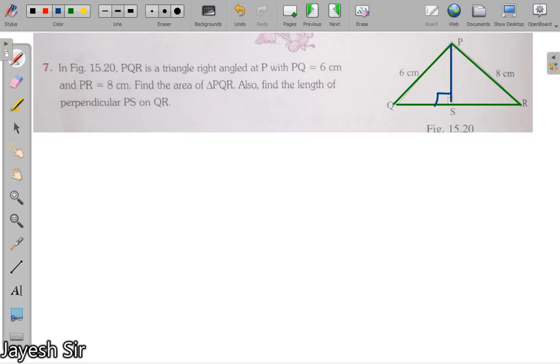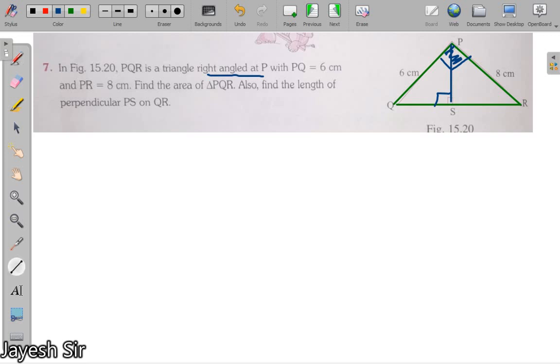Now in this figure PQR is a triangle right angled at P. That means this angle P is also 90 degree. PQ is 6 centimeter and PR is 8 centimeter.